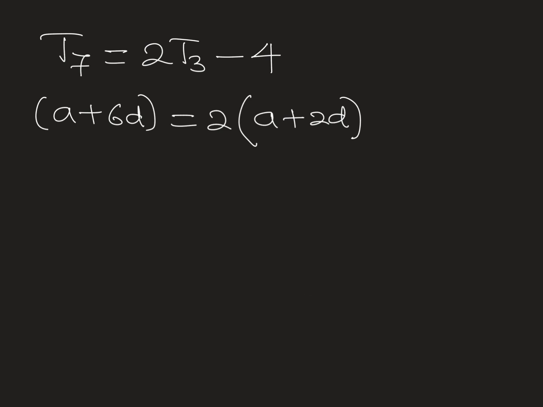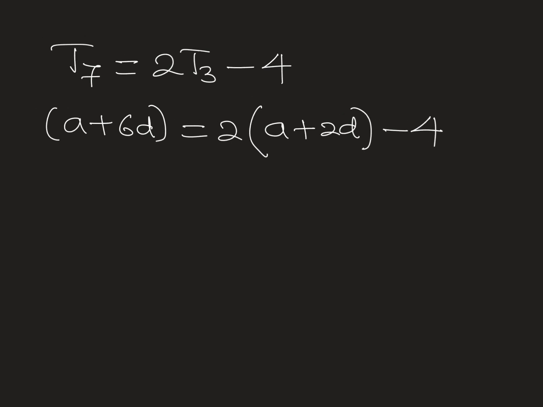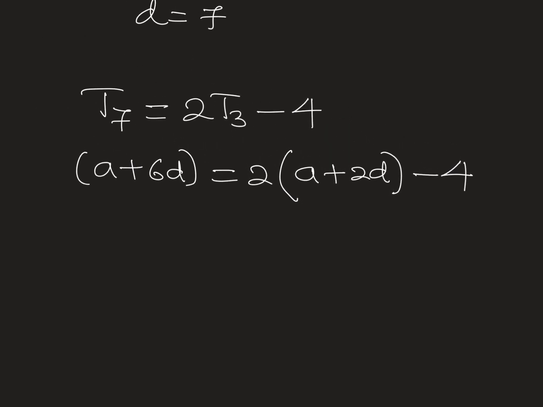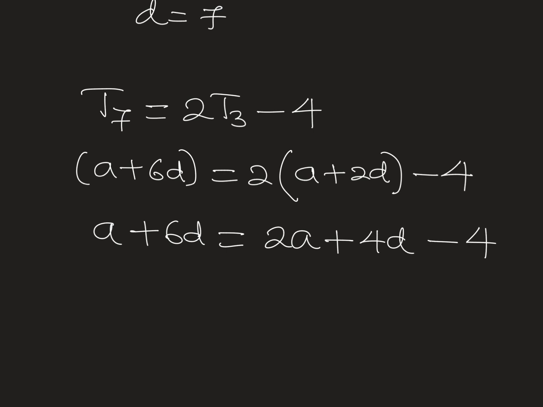So we have that, and let us not forget the minus 4. All right, so this is it. If we expand this, we're going to have a plus 6d is equal to 2 times a is 2a plus 2 times 2d is 4d, then minus 4.